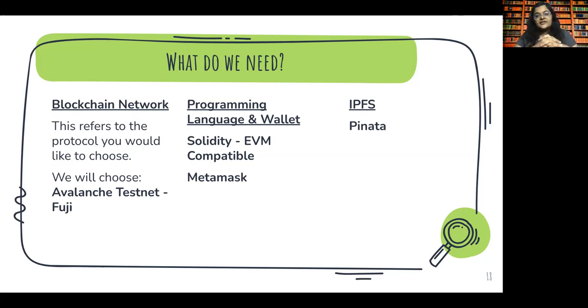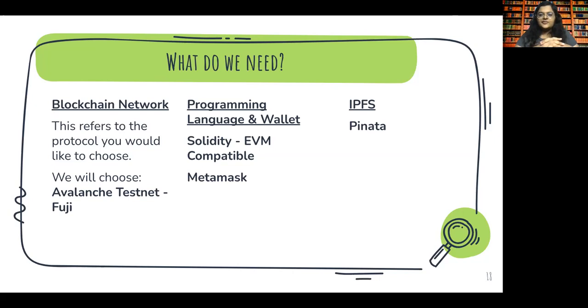Last but not the least, actually, this should come rather ahead before choosing our protocol as well as choosing our programming language to write the smart contract. It is the storage. In this case, we are going to use interplanetary file storage, that is IPFS. IPFS is a decentralized storage where we can store our information.